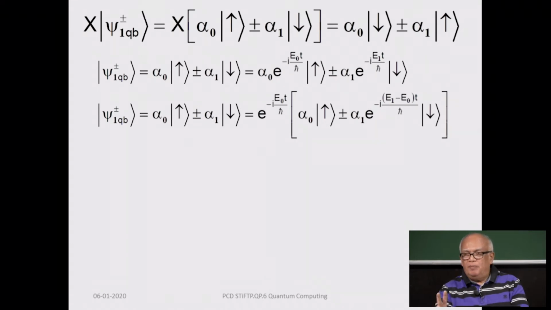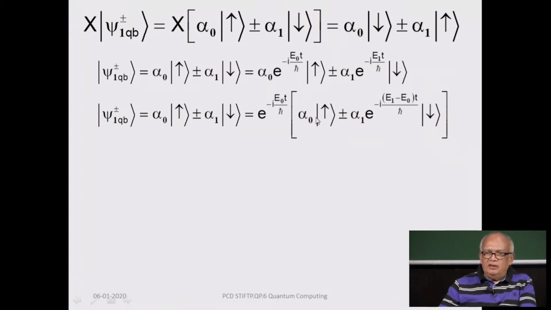Okay? So E0 represents one state and E1 represents the other state. That is the reason you have these two different phases here, and I can extract one of these, I can factor it out, and then I am left with this. So there is no phase factor with this, right? But this one has got the difference E1 minus E0.